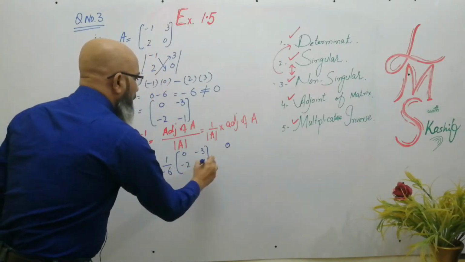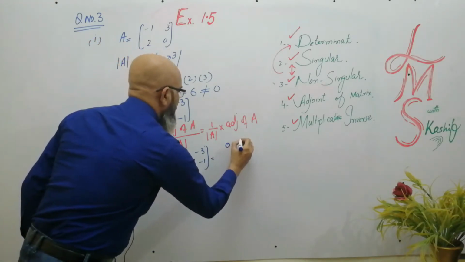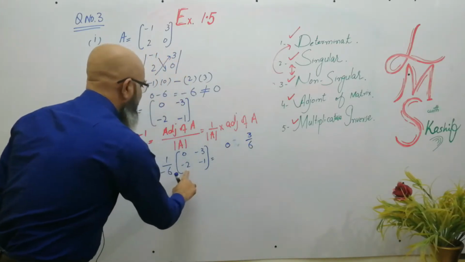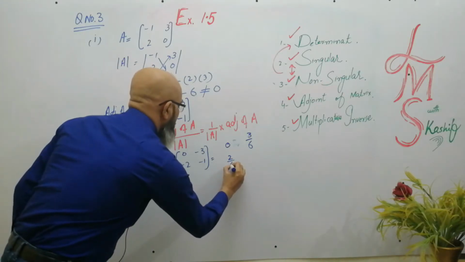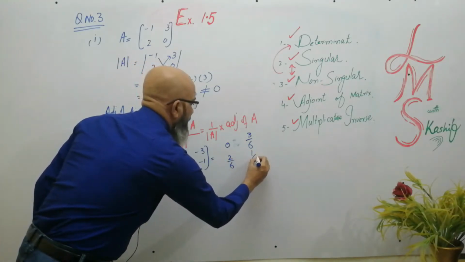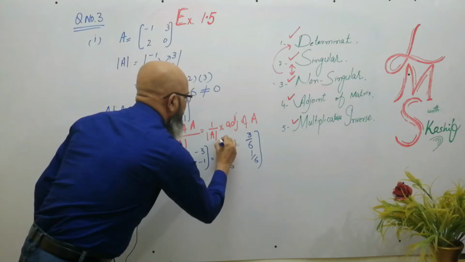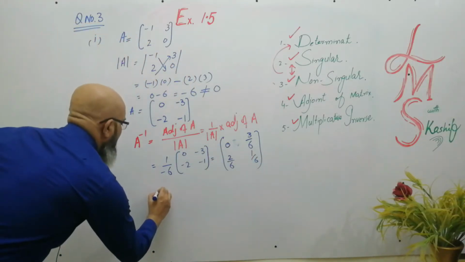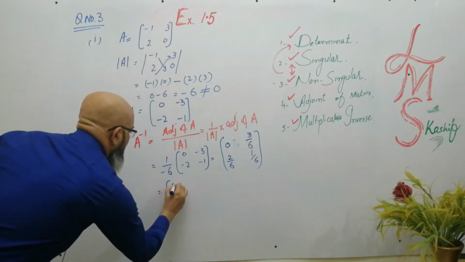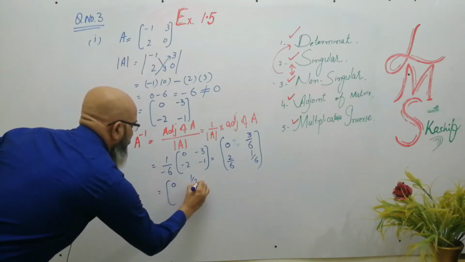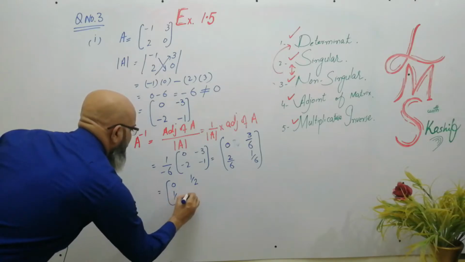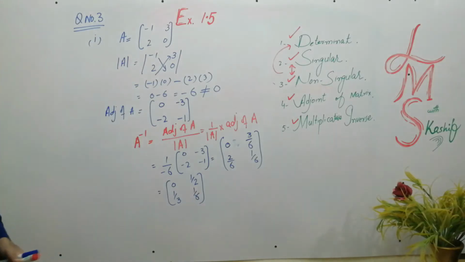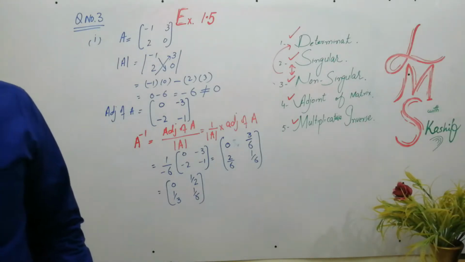This minus will change all the signs. 3 ones are 3, and 3 over 6. Again this is minus 2 over 6. Minus minus plus, and 1 over 6. These two values we can simplify. So your final answer is 0, 1 over 2, 1 over 3 and 1 over 6. This is the way you can find your multiplicative inverse.